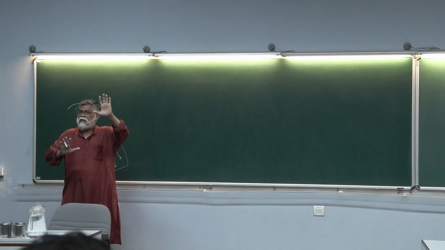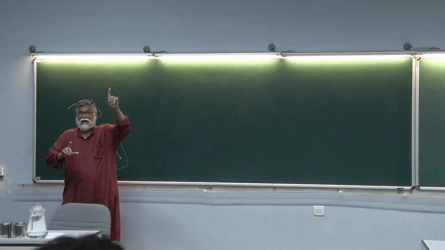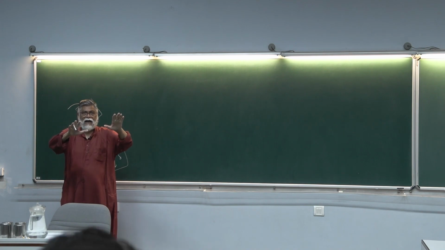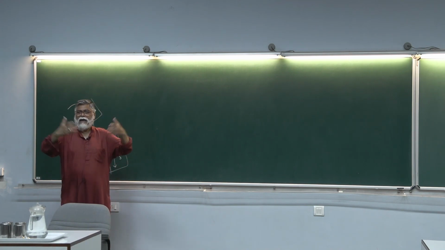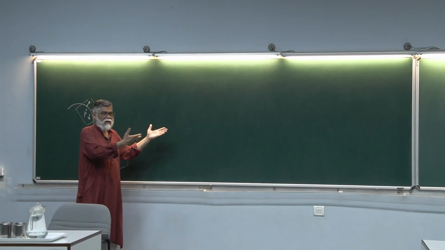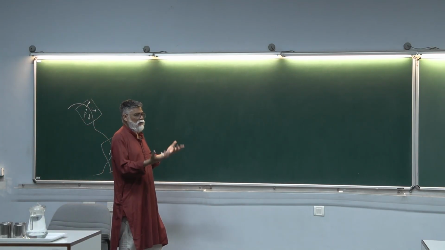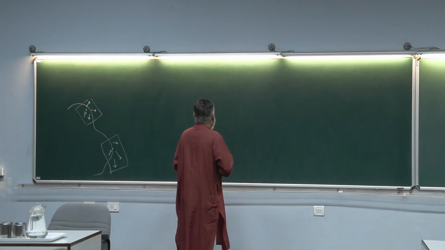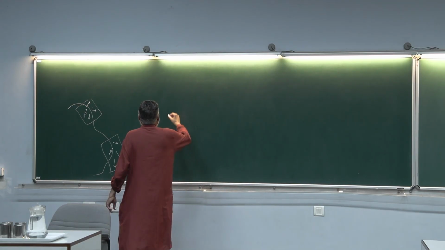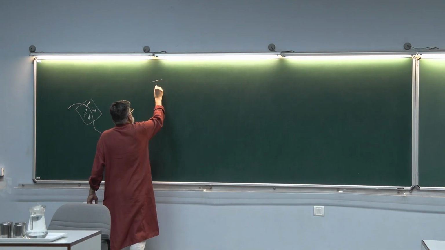I'll not use the abstract language of a vector existing just like that without ever referring to its components, or a differential form, or a tensor. We have seen its relation with its components; yesterday we have discussed. So from now on I will be using the language of tensor calculus.